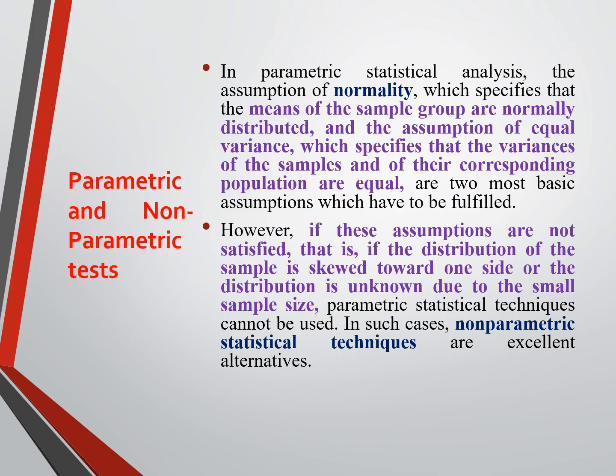It means that if we take samples from two populations, then the data is normally distributed and the variances are also equal. But if the assumption of normality does not hold in your database, if your distribution of data is skewed to the left or to the right, then we have to use the non-parametric statistical test. This is very important.